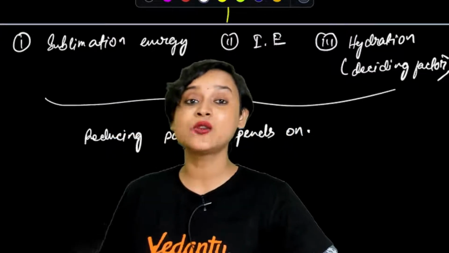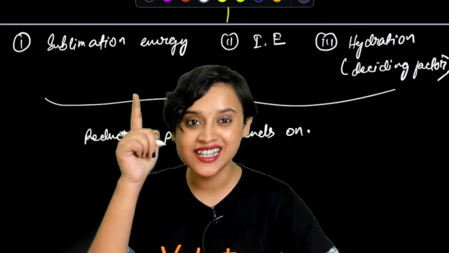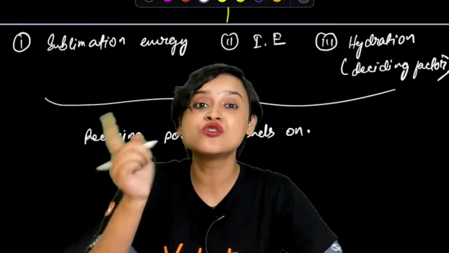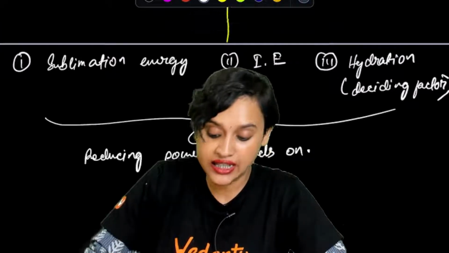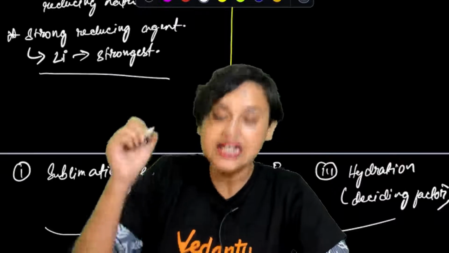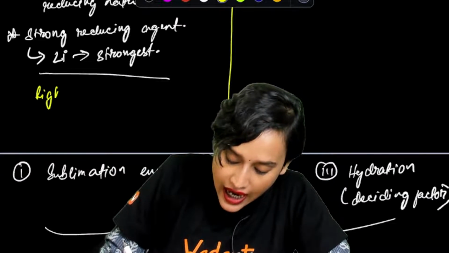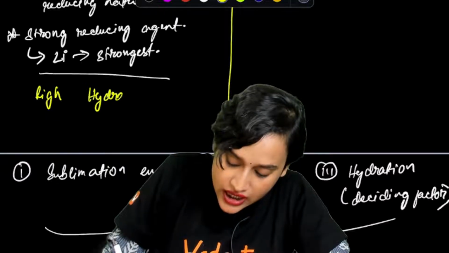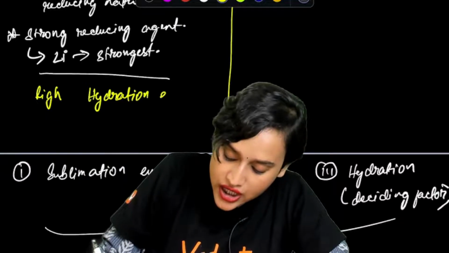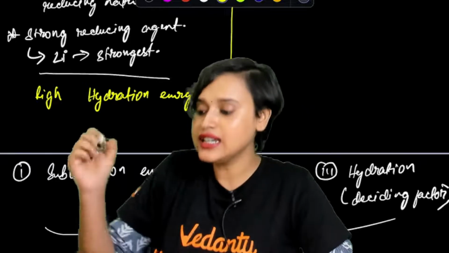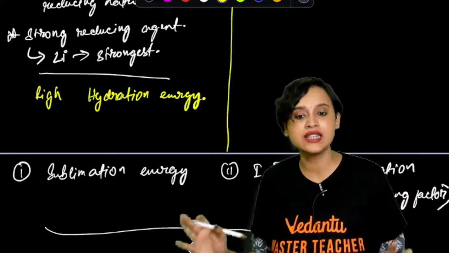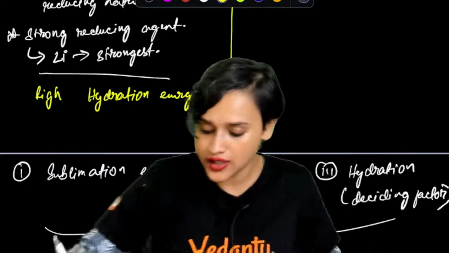So we know that whenever the hydration energy is more, it will also be a strong reducing agent, and that is why we see that lithium is the strongest. Why? Because of high hydration energy. Is this clear, everybody? Making sense or nonsense?